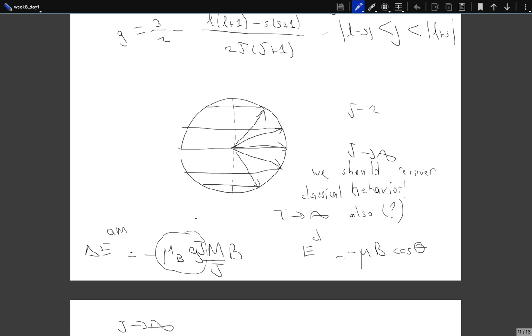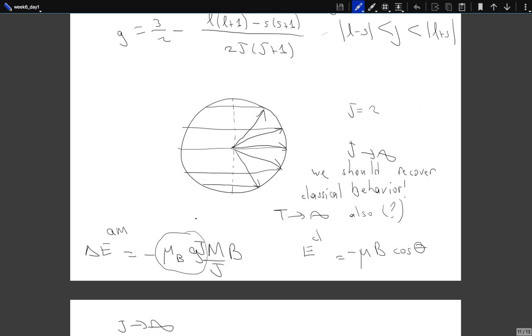If we don't do anything else, then the energy shifts for some states go to infinity, which is not the classical result. The quantum mechanical energy would take values from minus infinity to infinity. That's also not something we want. So what we do is we also set g to 0. We set j to infinity so that the orientation of the magnetic dipole moment becomes continuous, but at the same time, we set g to 0.